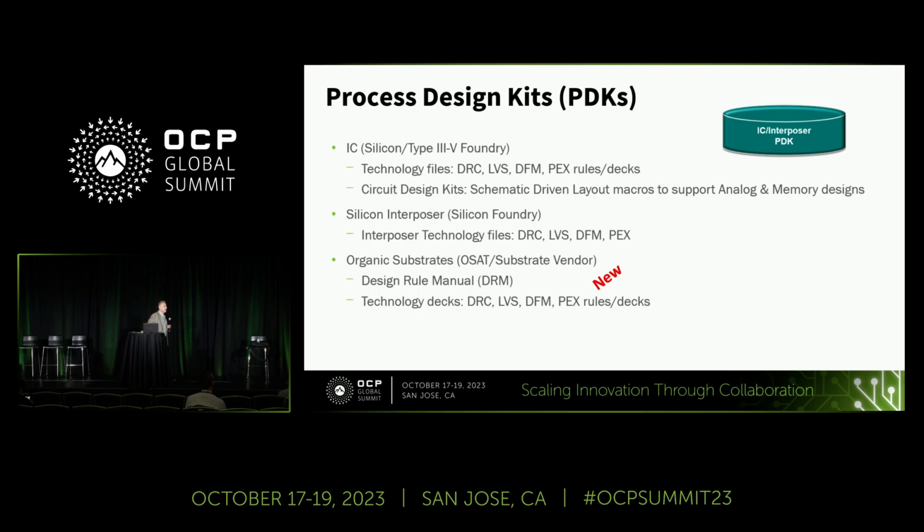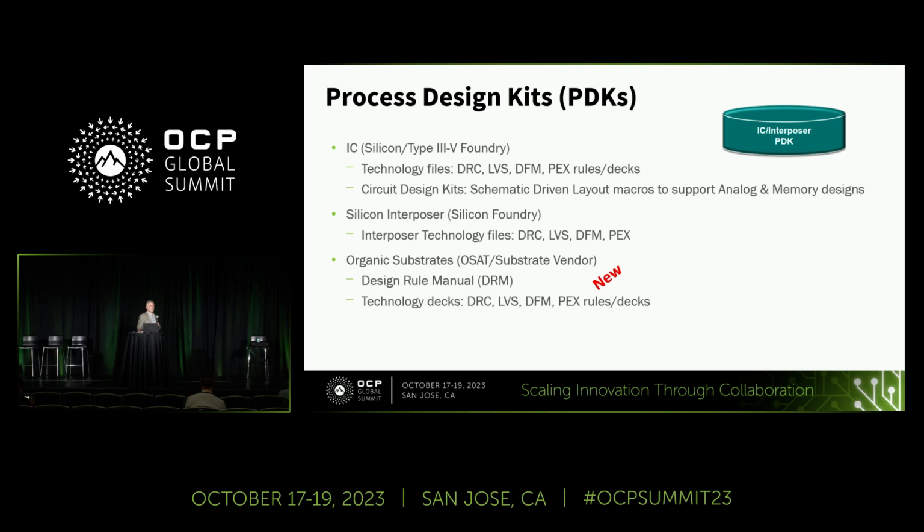The next one is process design kits. Now, process design kits have been established for many, many years in the semiconductor industry for ICs. So this includes technology files, DRC, LVS, extraction rules, and then you have circuit design kits for analog and memory. Silicon interposer is really a subset of that, so that's pretty much covered. It's basically a silicon process.